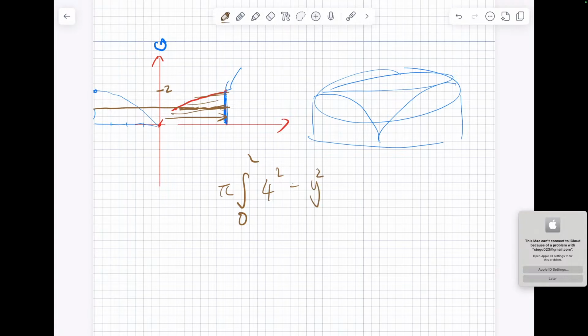Y squared squared. Okay, so that becomes a washer because y squared is this distance right here. The formula says r squared, but this is the r.